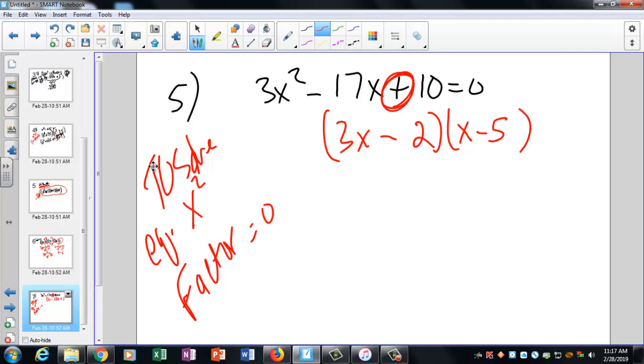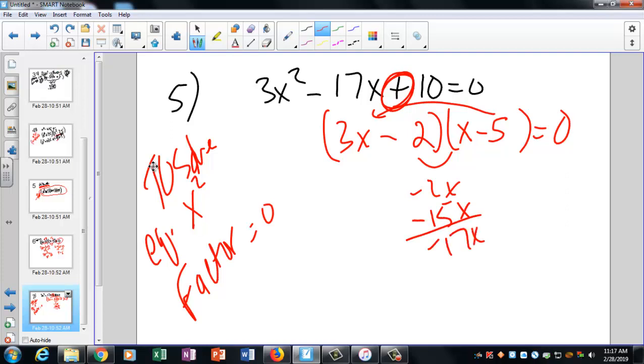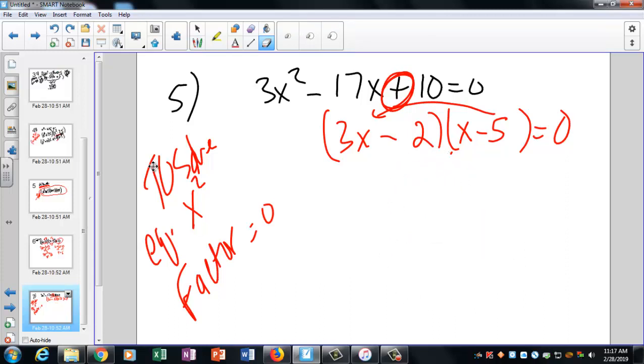Again, please do not assume that it works. You've got to check the middle term. This is negative 2x. This is negative 15x. That's negative 17x. That does work. But you must check it. Once you factor it, what do you do?